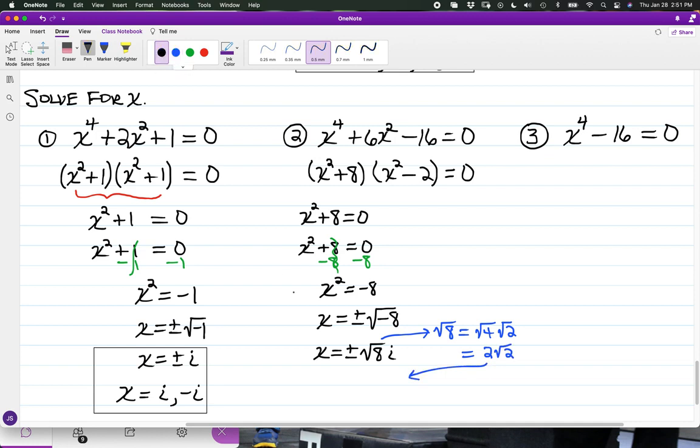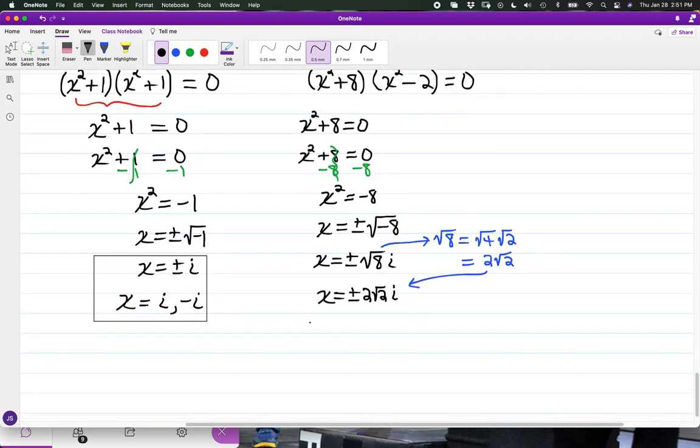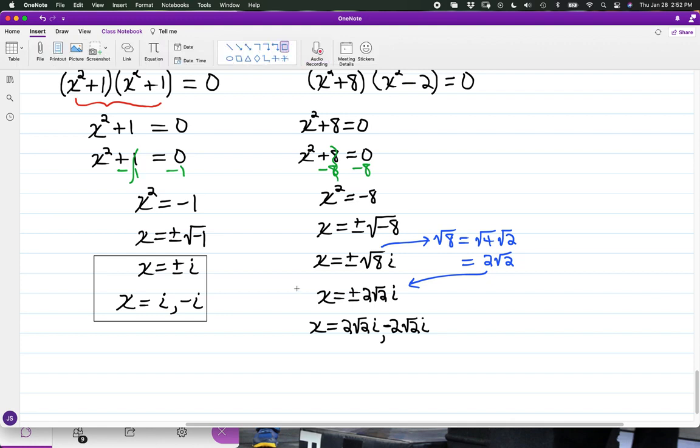So for the complex number solution set, I have for x plus or minus 2 times the square root of 2 times i. And in the notation, you can't have the i in front of the radical.